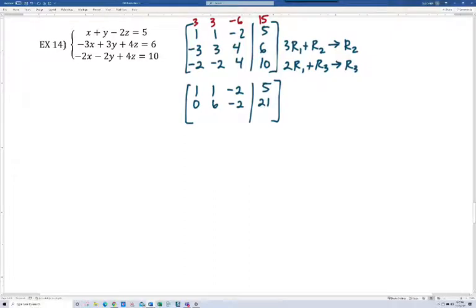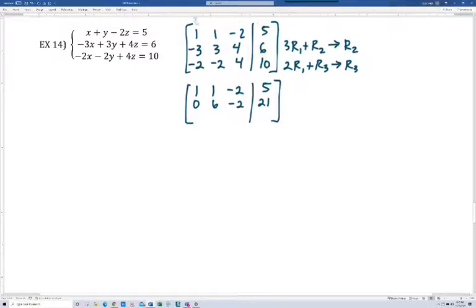All right, and so now we're going to multiply the first row by 2 and add that to row 3. So let me go ahead and erase those values. Oh, wait a second, that's not right. I was supposed to multiply by 2.